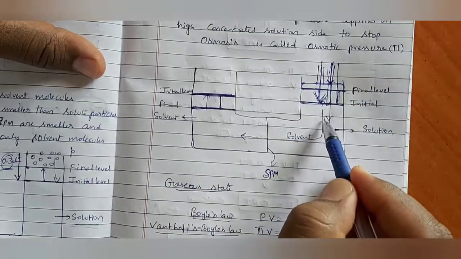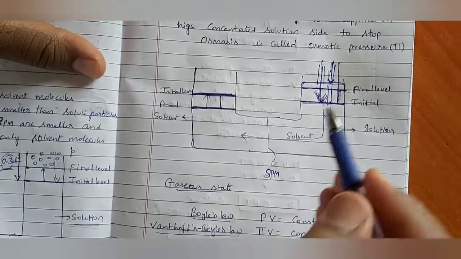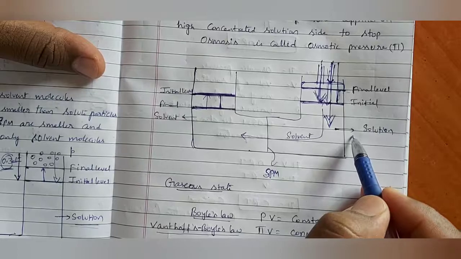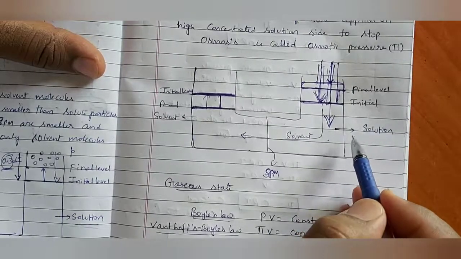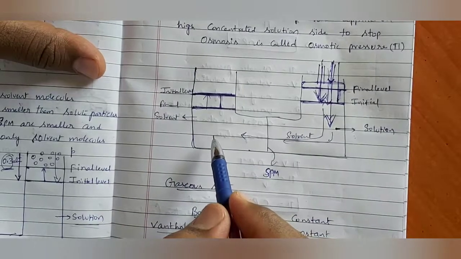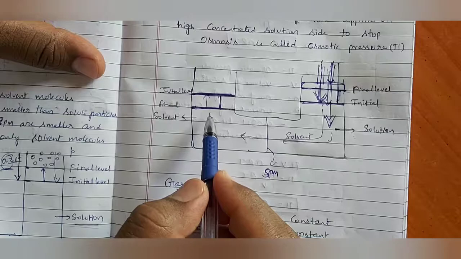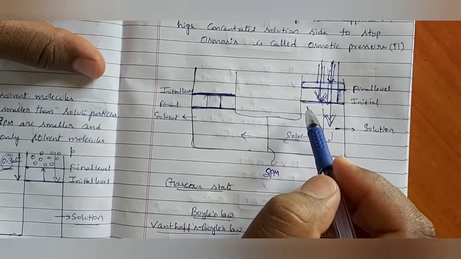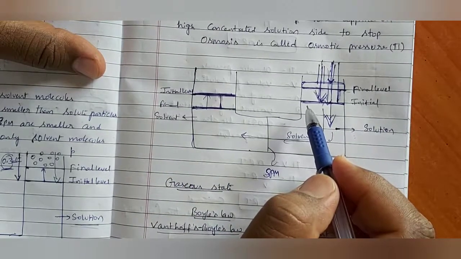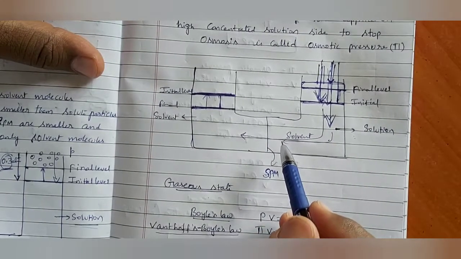When we increase the pressure greater than osmotic pressure also, continuously it is going on. Means solvent molecules present in solution will move to solvent side, higher concentration region to lower concentration region in presence of high pressure greater than osmotic pressure. Reverse of osmosis will take place here.